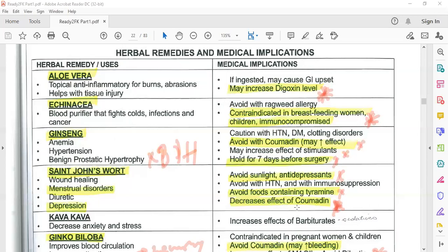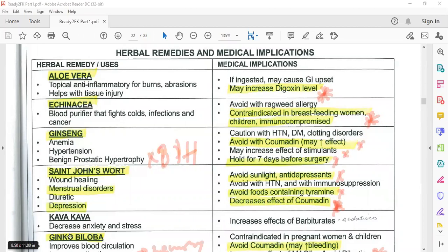Another common question the NCLEX board asks, an easy way to remember: the herbal medications that start with the letter G, like ginseng, Ginkgo biloba, ginger, or garlic. Let me recap it, my friend.